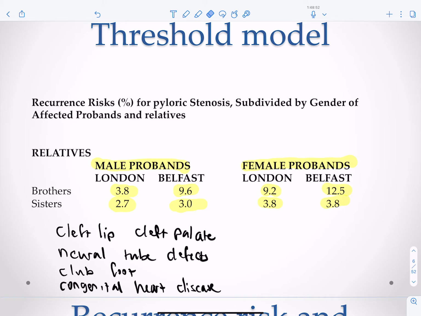And then your female probands are affected. There's equal likelihood of females being affected between London and Belfast, but it is an increase as compared to male probands. Now, other diseases that follow this same sort of threshold model are cleft lip, cleft palate, clubfoot, neural tube defects, as well as congenital heart disease.